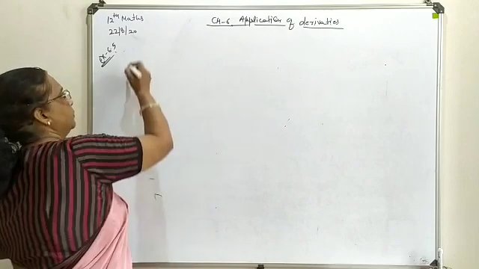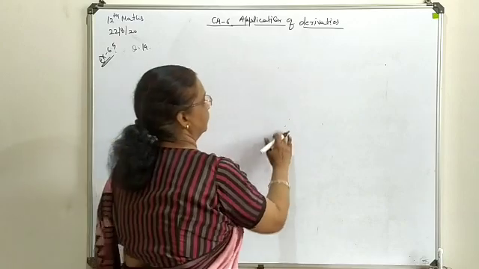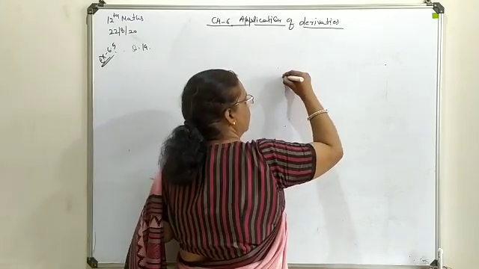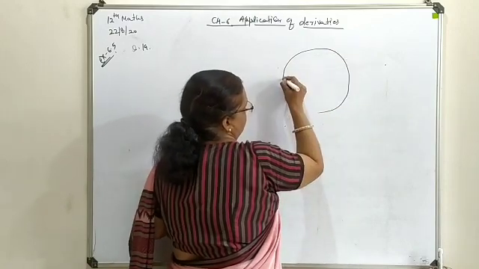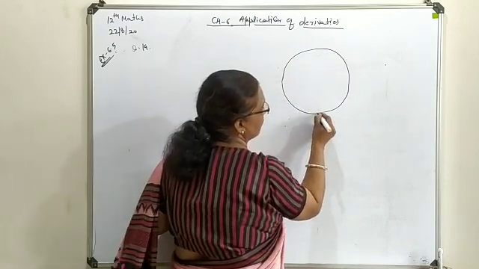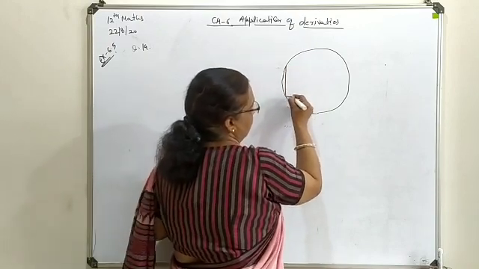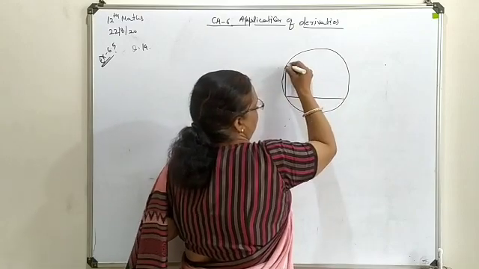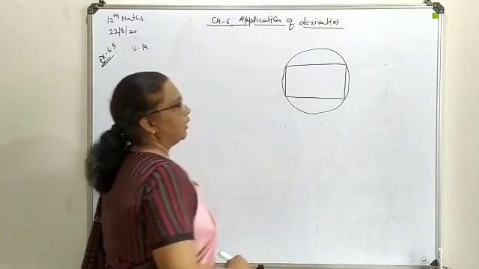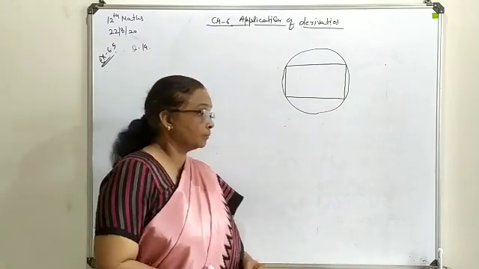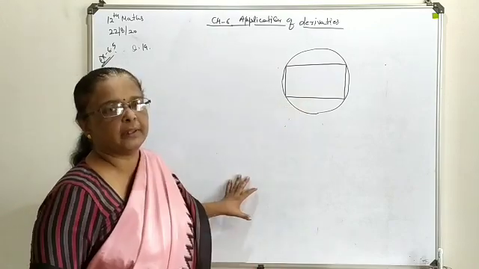We have a circle, and inside the circle one rectangle is supposed. Now we have to show that to have a maximum area, this rectangle will be a square.